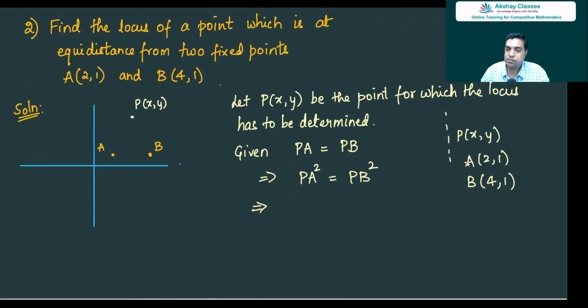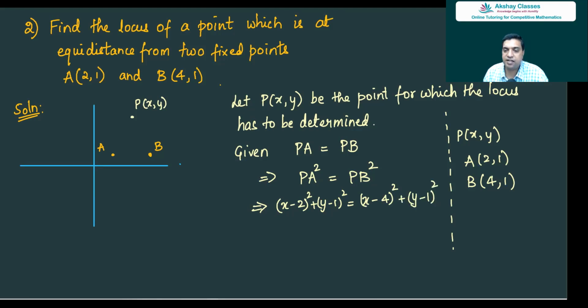So PA square is (x minus 2) the whole square plus (y minus 1) the whole square, is equal to PB square, (x minus 4) the whole square plus (y minus 1) the whole square.